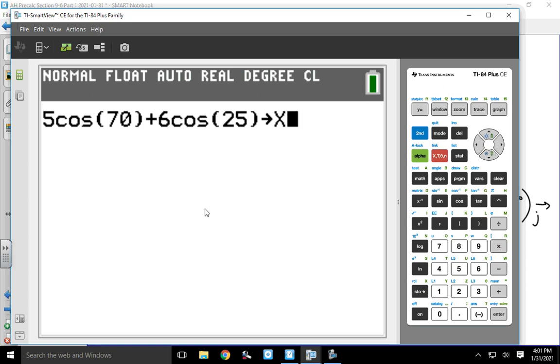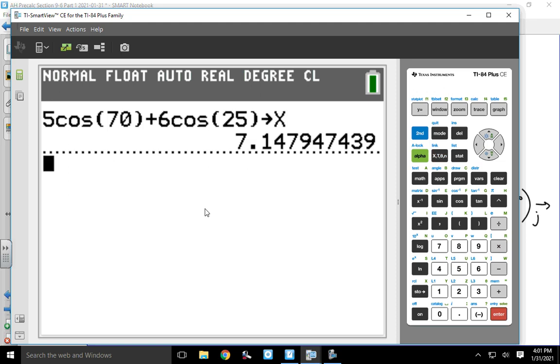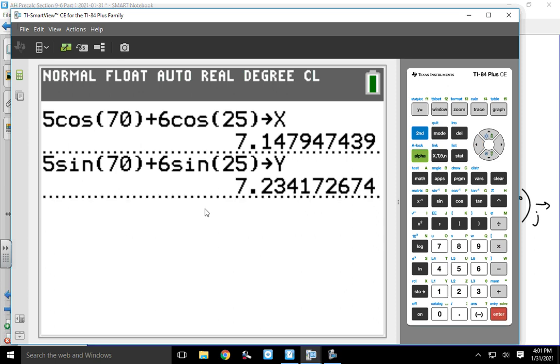That's how we named it on the previous slide there. When we were defining this, we had the x and the y part. So I'll call this the x part of this, which is 7.148. And then do the same thing, but do the sine. So it's 5 sine of 70, 6 sine of 25, and I'm going to store this into y instead of x. And you get 7.234, right?